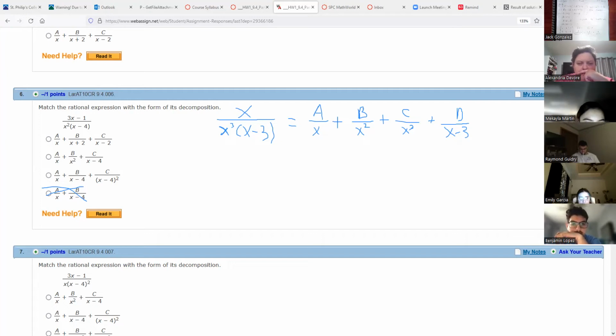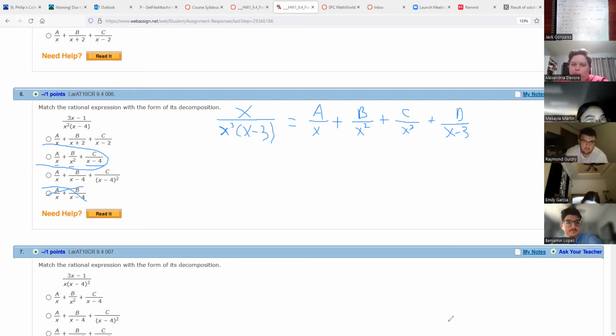It's going to be B, because it goes 1, 2, and then does the last term. See that? Does that make sense? Do you see why it is B? Okay, so that's how you deal with repeated.